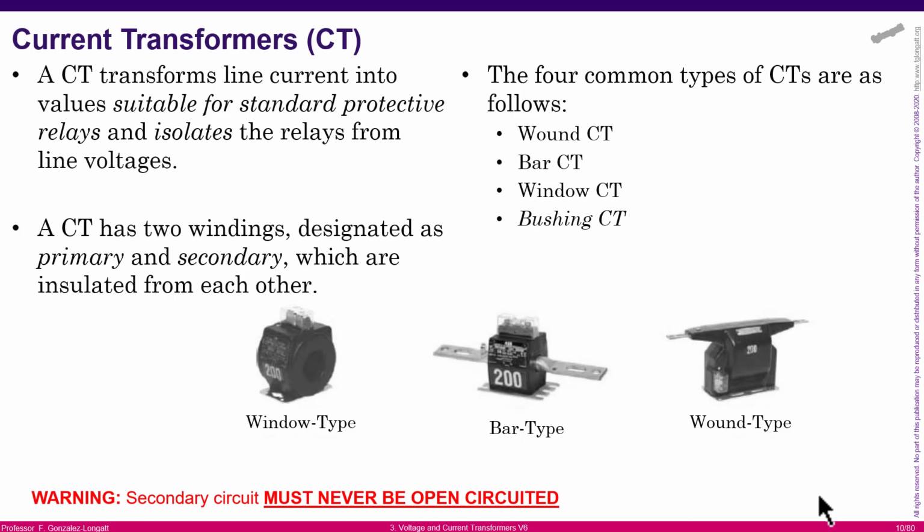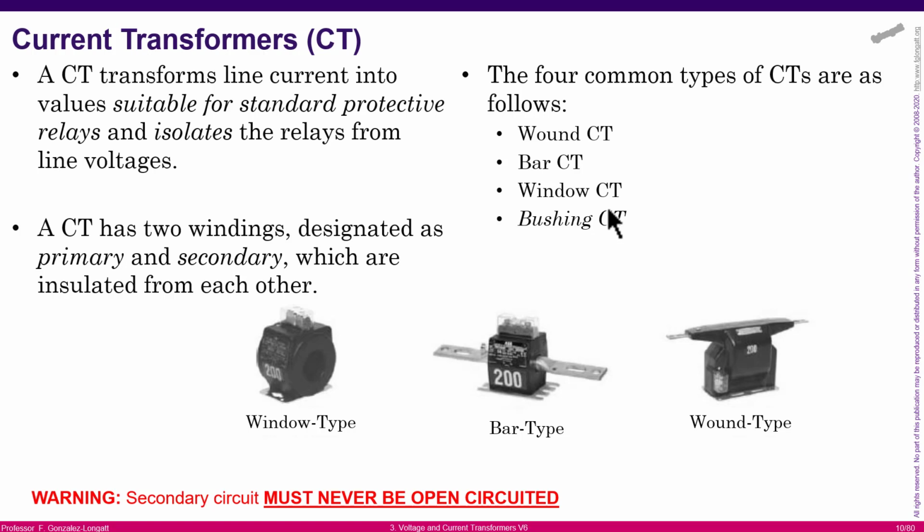Here I just present a very basic classification of current transformers. You can see the wound CT, the bar CT, the window CT, and one very specific case is the Gaussian current transformer, okay? However, something that you must be aware of is, be careful.